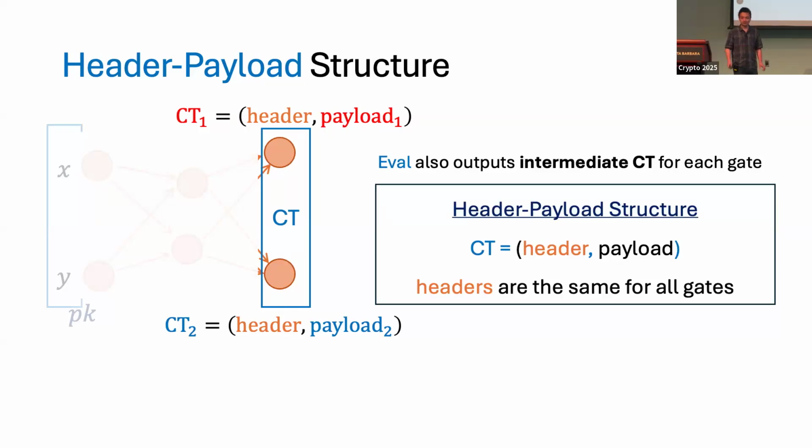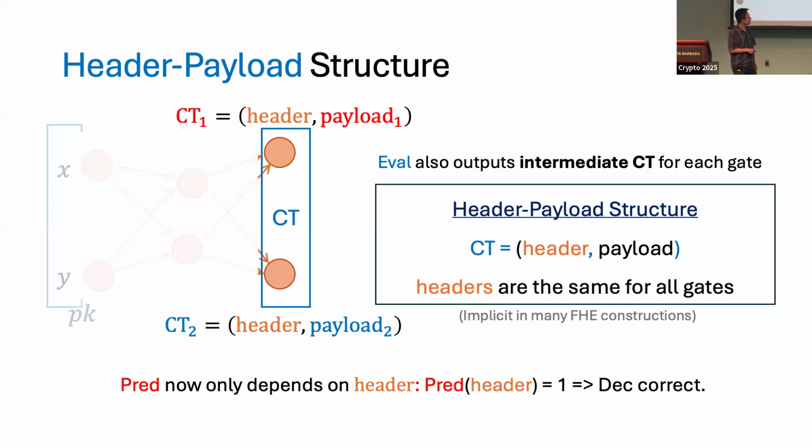So we just ask this one-shot evaluation to provide us this intermediate ciphertext for each gate. And we further require the following header and payload structure for each intermediate ciphertext, which says that the headers of all of the intermediate ciphertexts must be the same for all of the intermediate gates. And this is a property that is already achieved by lattice-based FHE construction.